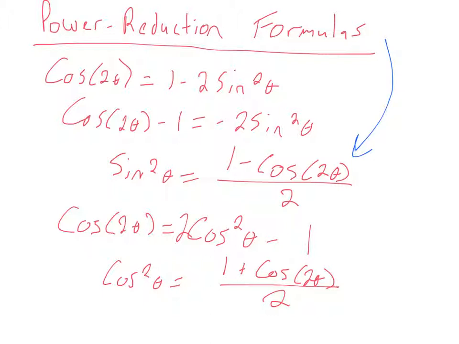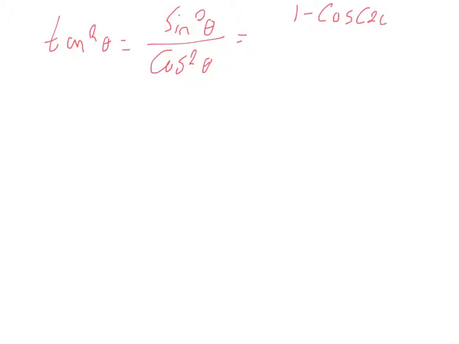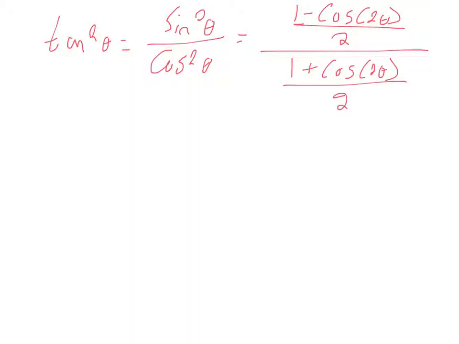And then lastly, we can do the same thing with tan squared theta. Right, so we go to the next page here. For tan, we know that's just the same as sine squared theta over cosine squared theta, and we'll just use those two formulas that we had before. So sine squared theta was 1 minus cosine 2 theta over 2, divided by 1 plus cosine 2 theta over 2.